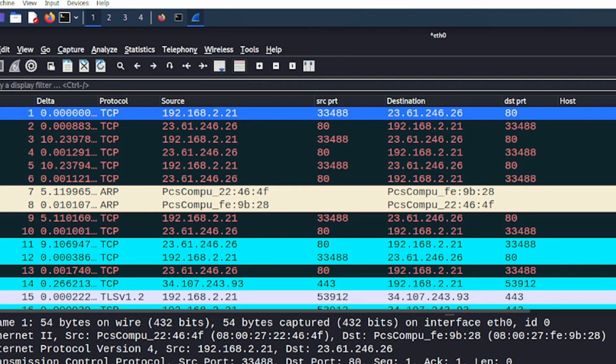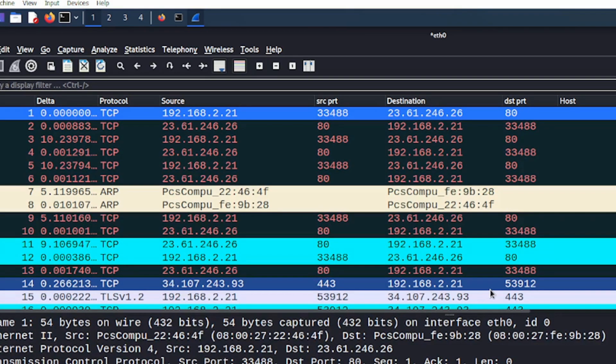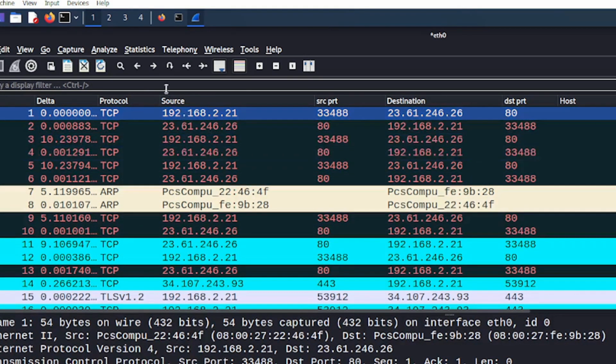And now what we're going to do is go to our statistics window and take a look at a little bit of the conversations that are happening inside of this capture. We've got 142 packets, and I'd like to know who's talking to who and how much traffic is actually being sent.